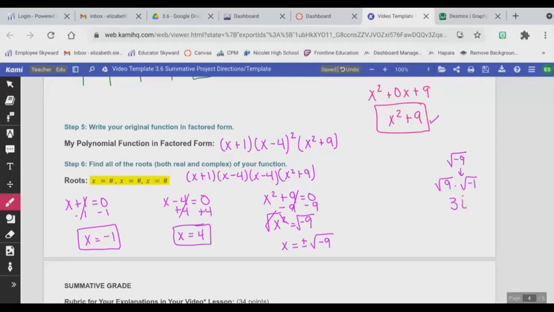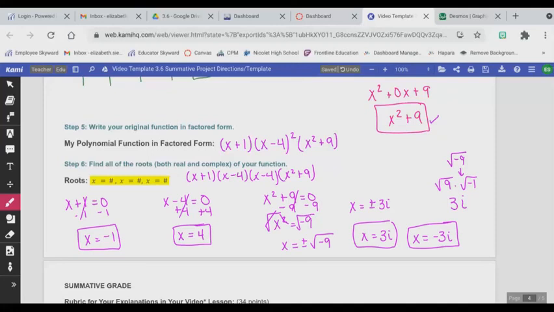Square root of negative 1 is i. So this is really saying x equals plus or minus 3i. Or we could write them separate, x equals 3i and x equals negative 3i. And we can see that we have 4 roots, negative 1, 4, 3i, and negative 3i. We were only able to see 2 of them on our graph because those were the real ones. But with all of our breaking it down, we were able to find that it had imaginary roots as well.